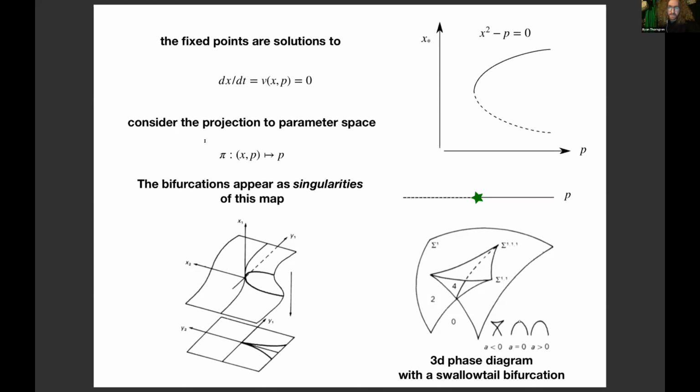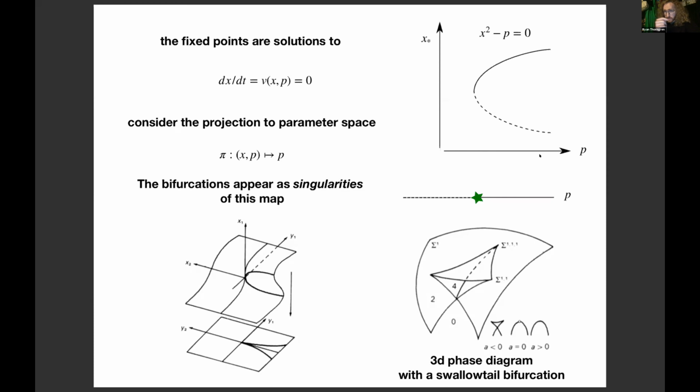It's a linear projection where we just forget x. So for any pair xp that solves this equation, we just take the p. What that's doing in this picture is we're flattening the map. It's a projection onto the p-axis. And so if you think about that as a map from the fixed point set, this parabola is just getting smooshed onto the p-axis.